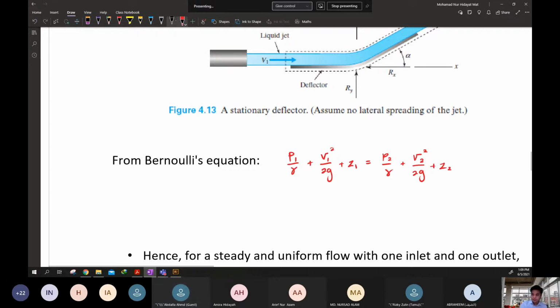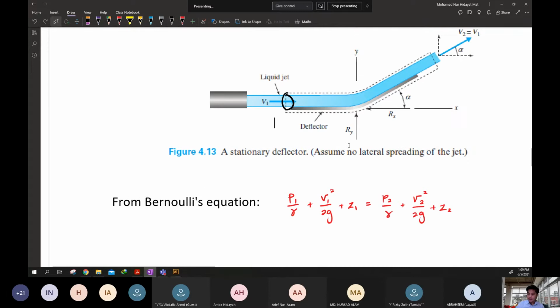Okay, from this Bernoulli equation to apply to this stationary deflector, since the cross-sectional area here and here is the same, we know that Q1 equal to Q2. This is the continuity equation.